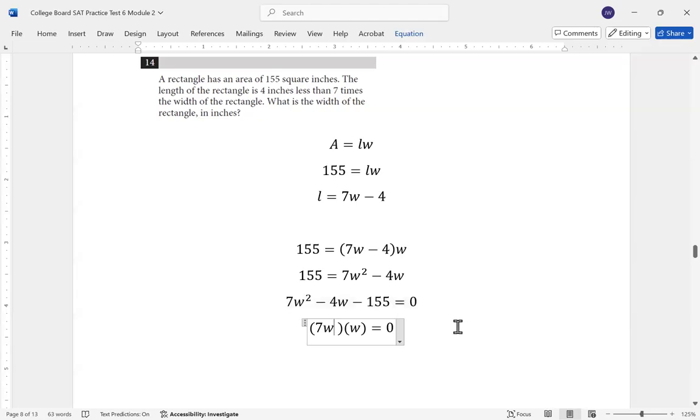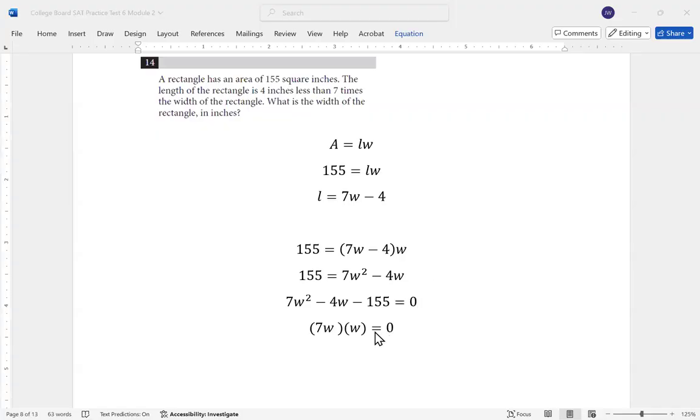You can also do, there's something called the AC method if you'd like as well. However, the only real options for negative 155 are 31 and 5. And basically, what we want to do is add 31 and subtract 5. That'll give me a negative 155 when I multiply it out.